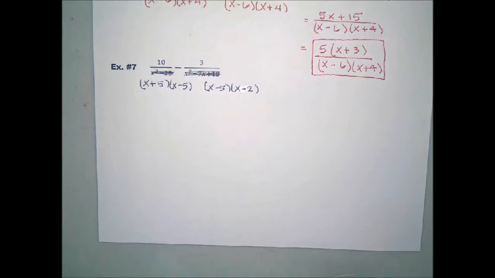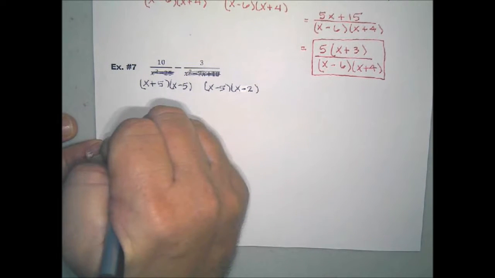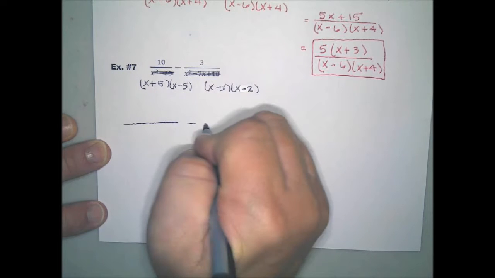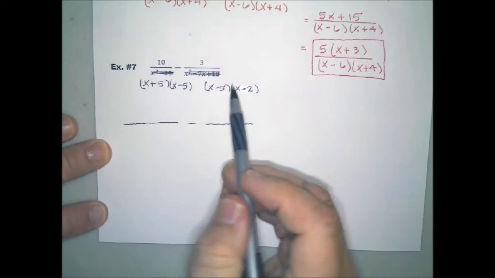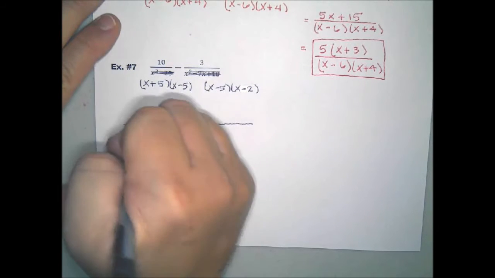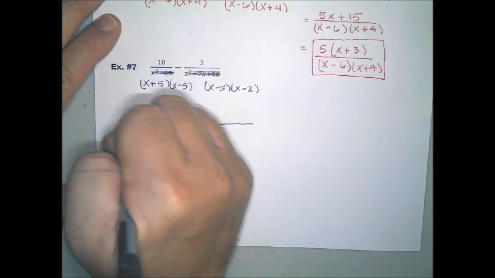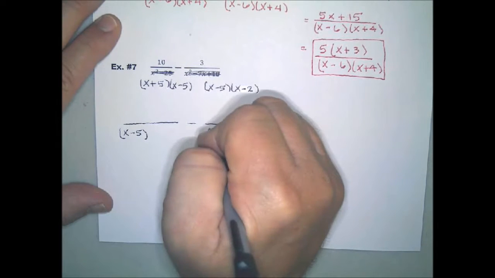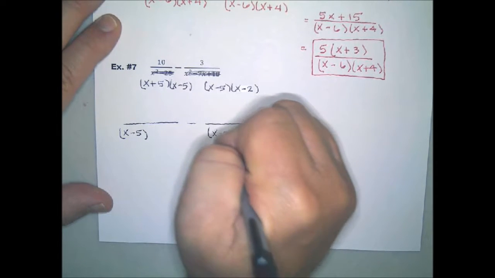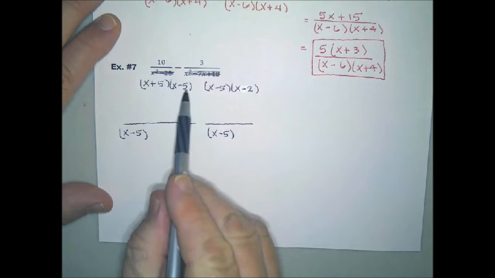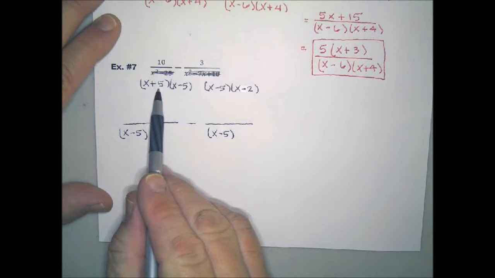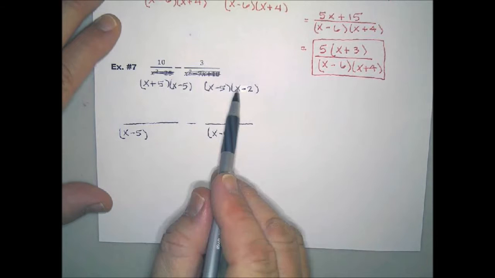So now I've got to figure out what in the world is going to be my lowest common denominator with these two terms. Well, they both have x minus 5 in them, so that's good. That's already common. But this one has x plus 5 that this one doesn't.